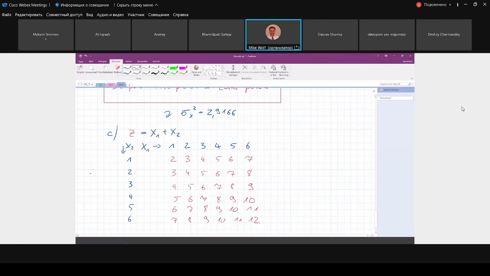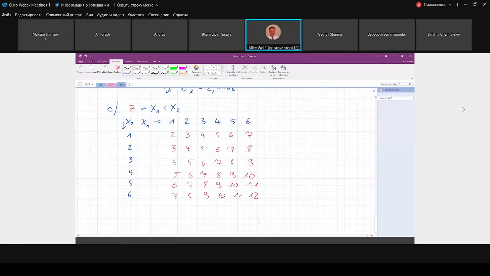Now you draw the probability mass function of Z, which is easy because now you just have to count the numbers of each sum. There's only one possibility to obtain a 2 as a sum. 2 possibilities to obtain a 3. There are 3 possibilities to obtain a 4, and so on.